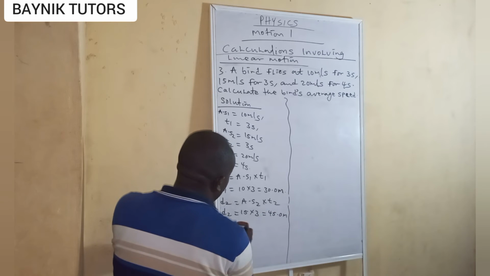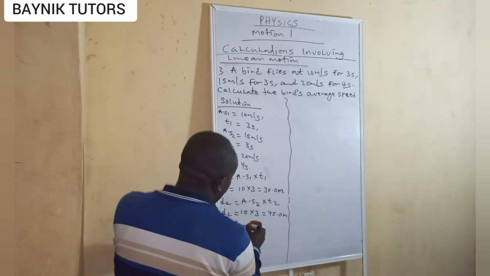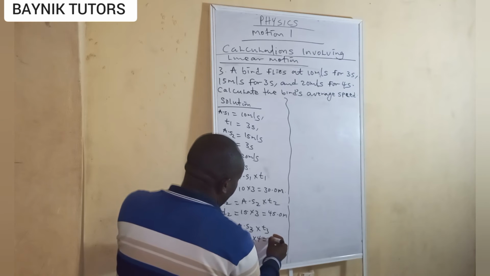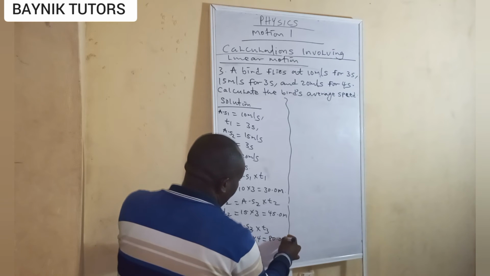Then D3 is average speed 3 times T3. So D3 will be 20 times 4, which is 80.0 meter.